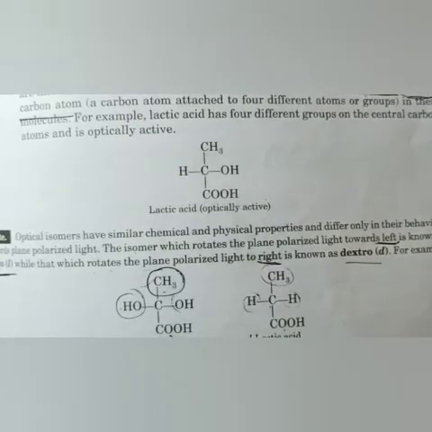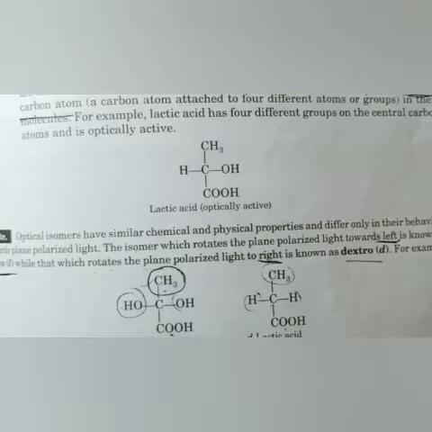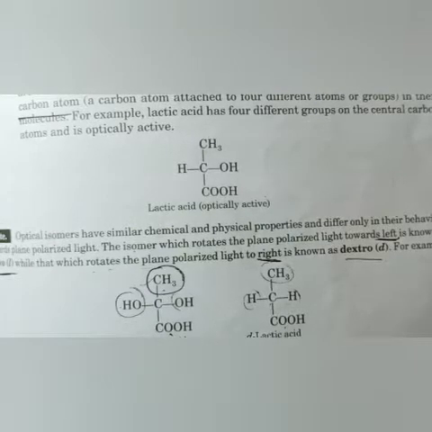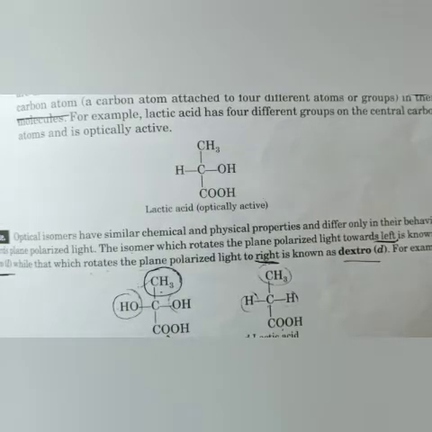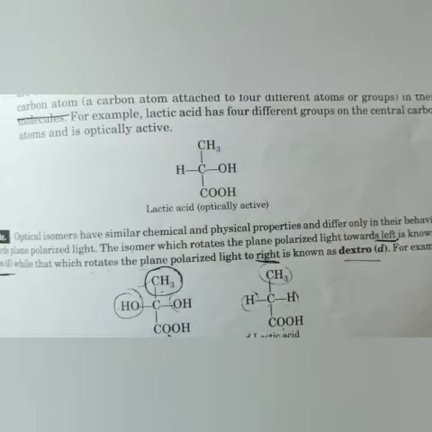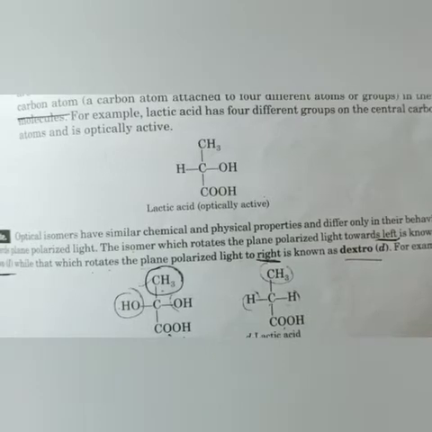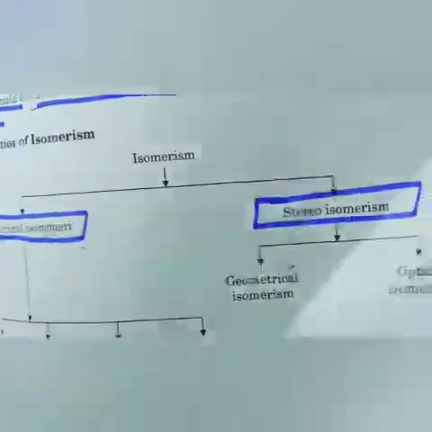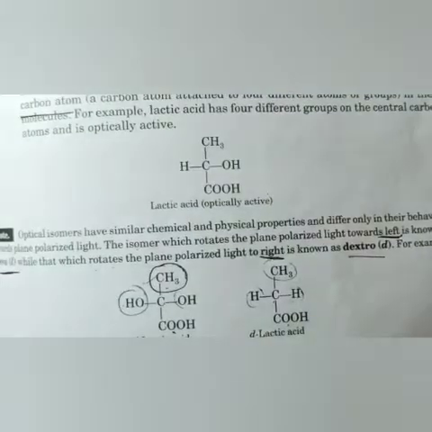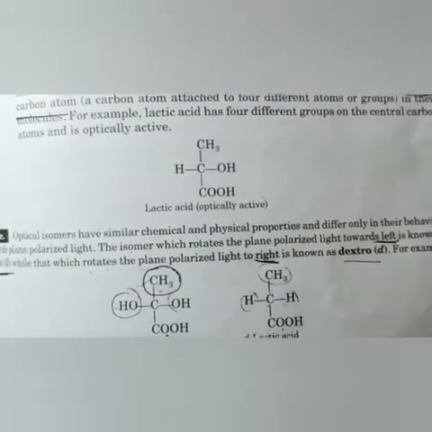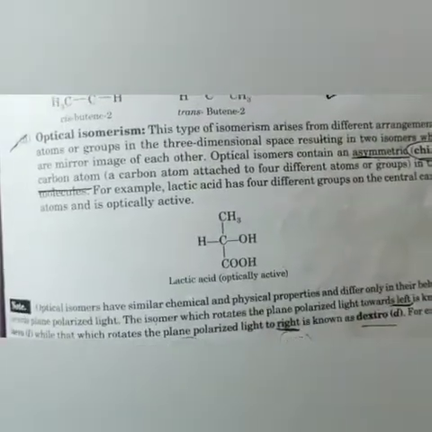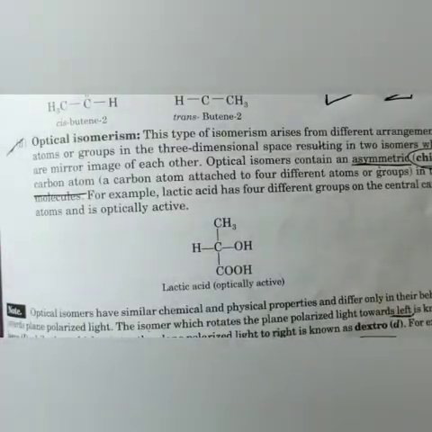Some example will be given, and the question will ask you to choose the correct isomers of the following example, and at that time you should know whether it is structural or stereo. In structural also, whether it is chain isomerism, position isomerism, functional isomerism, or metamerism, and in stereo it is geometrical or optical. So for that purpose you must know very well the main differences between these different types of isomerism.